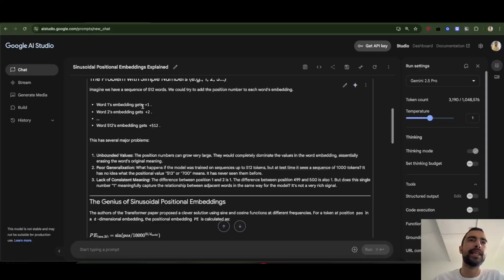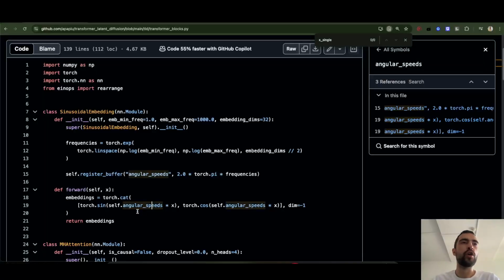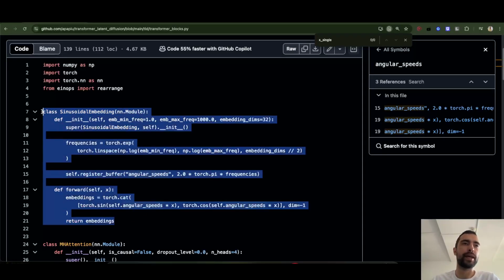Even just putting it as numbers, plus 1, 2, 512, this is a big number here, so we don't want these big numbers. We want to actually have a consistent scale of numbers, like between 0 and 1, the sine, etc. So now we understand the entire sinusoidal embeddings.